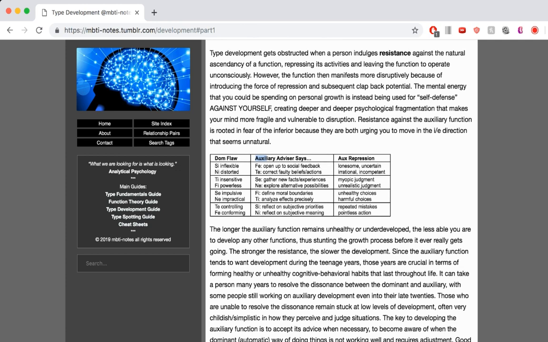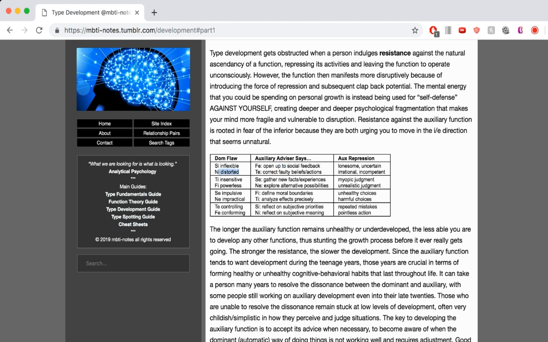Let's say you have dominant SI and an FE that's auxiliary. Your dominant SI will be inflexible because it's more habitual, but your FE is open to social feedback. If you use them both together, you can see how that works together. You're inflexible, but then you become open to feedback, so you'll overall grow. You need a balance of both, like knowing yourself plus being open to other people's thoughts.